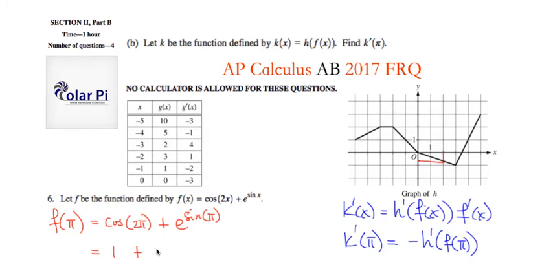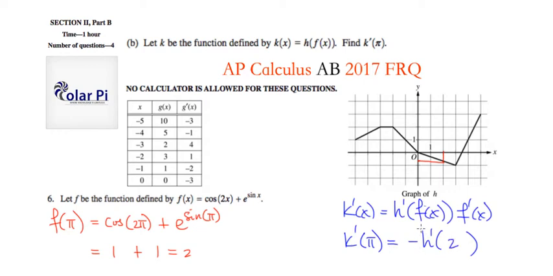The e to the 0 is 1, so we have 1 plus 1, or 2. That's equal to f of pi. That means I can get rid of f of pi and replace it with the number 2. Let me do it in blue.